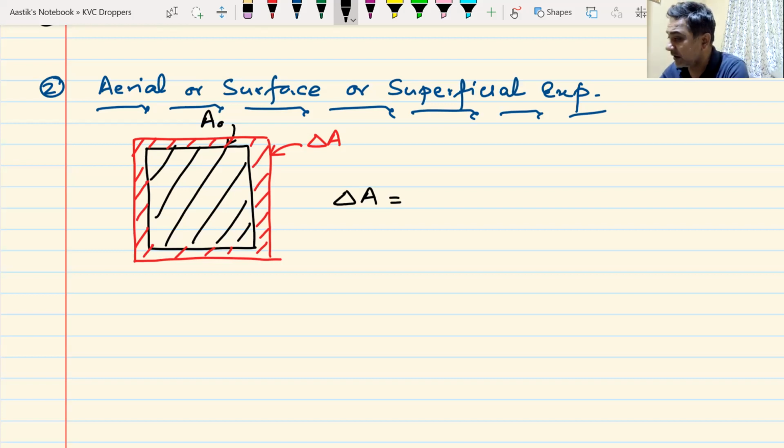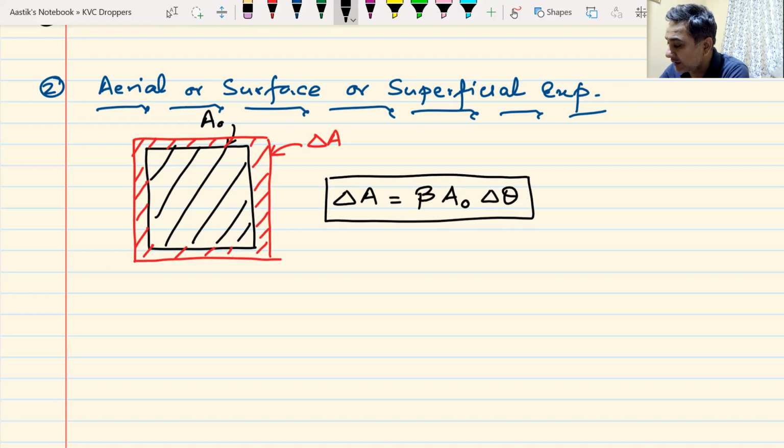And the formula will look like this. It will depend on the material. So we use beta. It will depend on the area, initial area A naught, and it will depend on the change in temperature delta theta. So the formula will look like this.